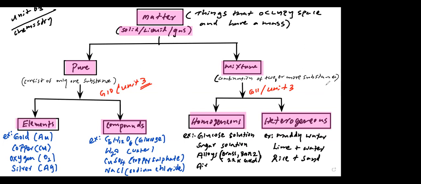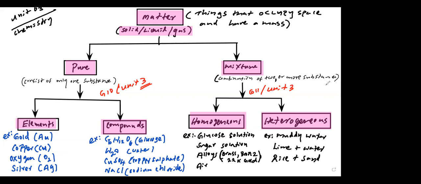But if you can't give a chemical formula, for example mortar or cement, it is a mixture. Even tile is a mixture. If you take curry or fruit salad, they are all mixtures. Plain tea, milk tea, the air that we breathe, they are all mixtures.